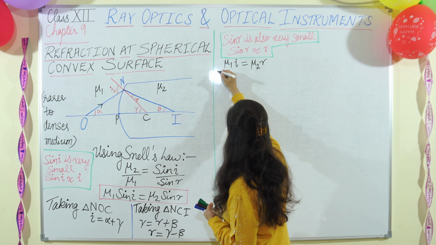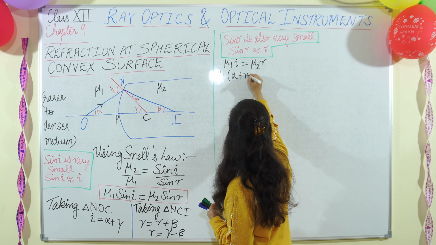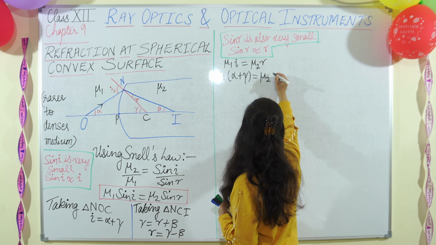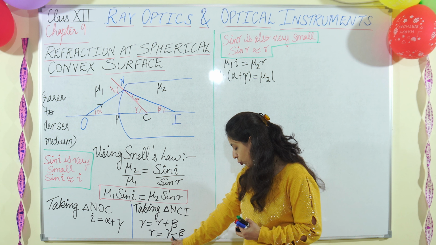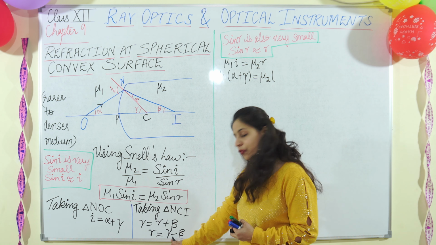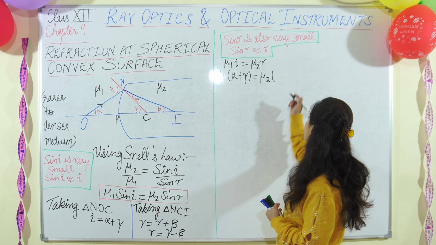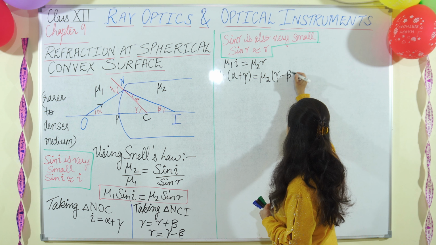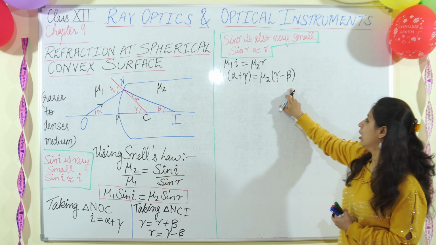So it becomes mu1 (alpha plus gamma) is equal to mu2. In the place of R, we will be putting the value of R which we found out from the triangle NCI, gamma minus beta. So it will be (gamma minus beta).